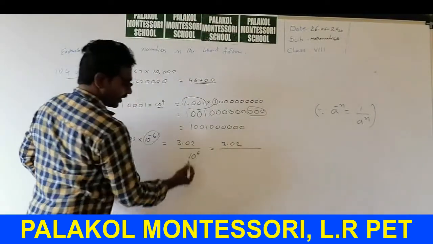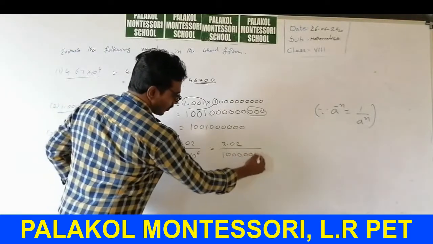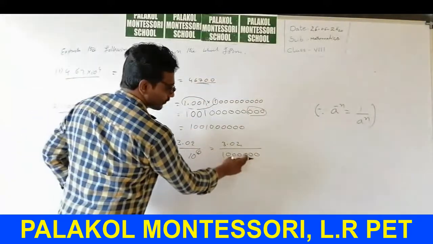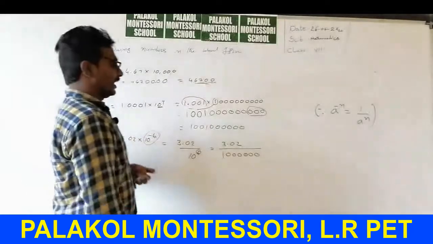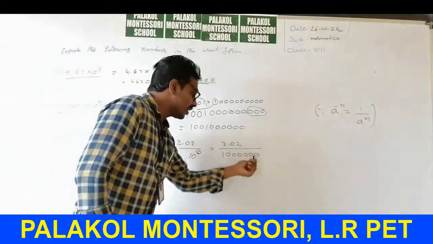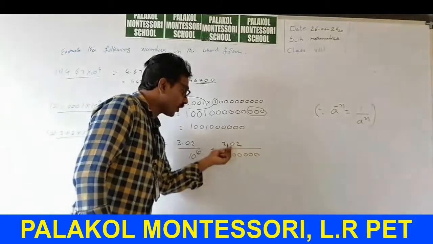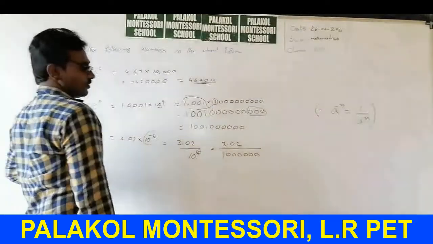3.02 by, this one you write 6 zeros. Why? Here the power is 6. That's why you write 1, 2, 3, 4, 5, 6. Okay. Guys, in this denominator 6 zeros are there. That's why this point is moved after 6 numbers.